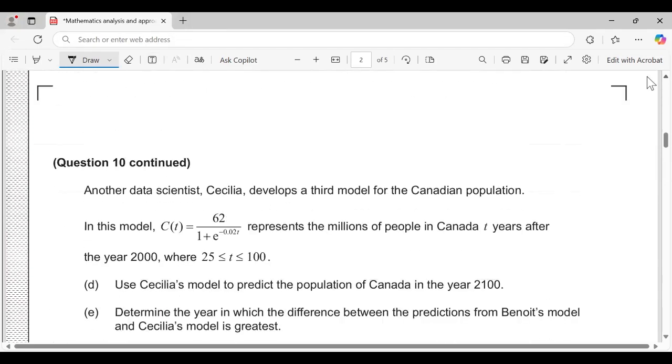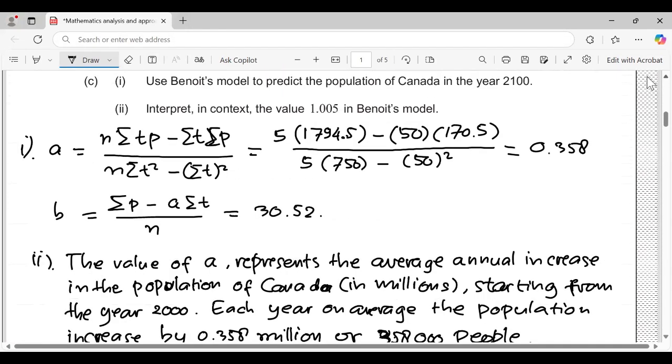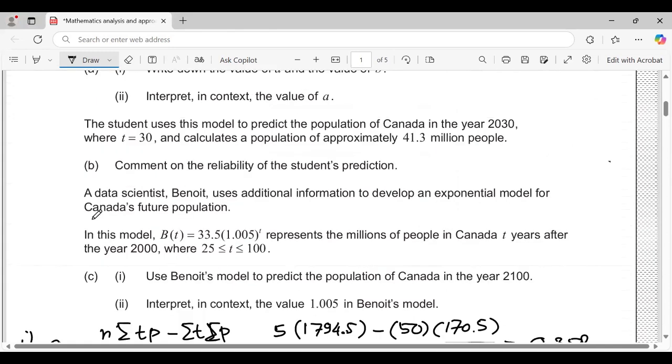The next question. A data scientist Benoit uses additional information to develop an exponential model for Canada's future population.